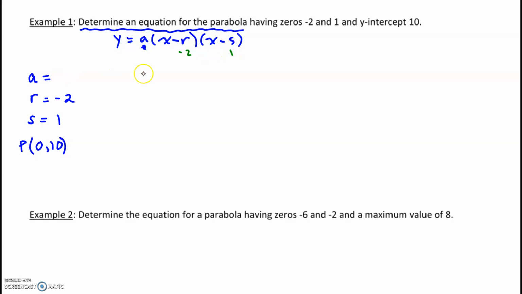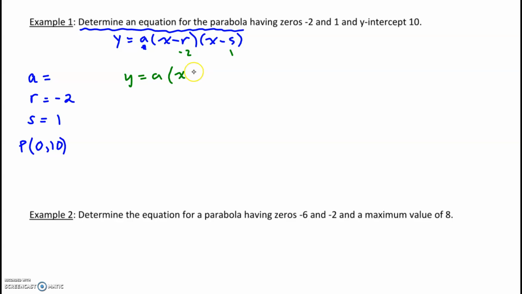We don't know a, so let's sub that in. What we know, y equals a(x. Now if I'm subtracting a -2, it would look like this: subtract -2. But that's not simplified, and I know 2 negatives make a positive, so I'm going to right away write it as x plus 2.